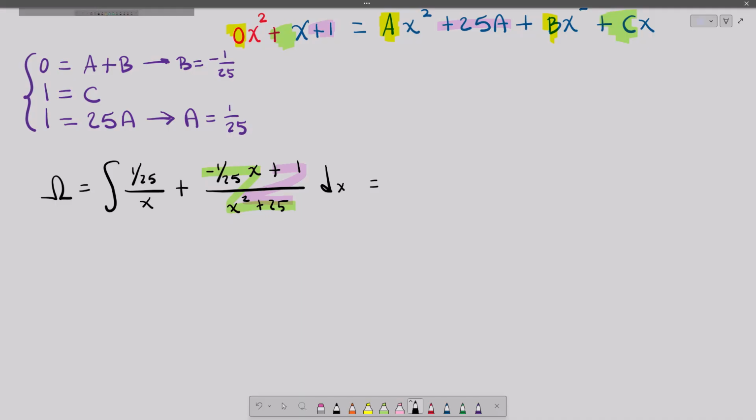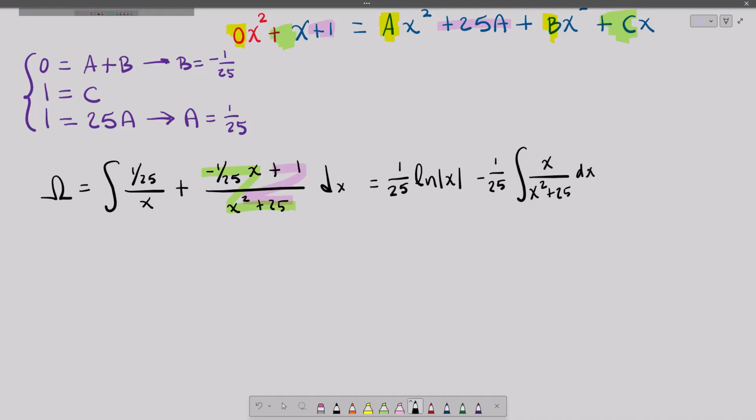Okay, so this first one is a log. So we have 1/25 natural log of absolute x. That's that one. And then let's write this out. So the green here, if we factor out the 1/25 from the numerator, the negative 1/25, we'll be left with x over x squared plus 25 dx for that piece.